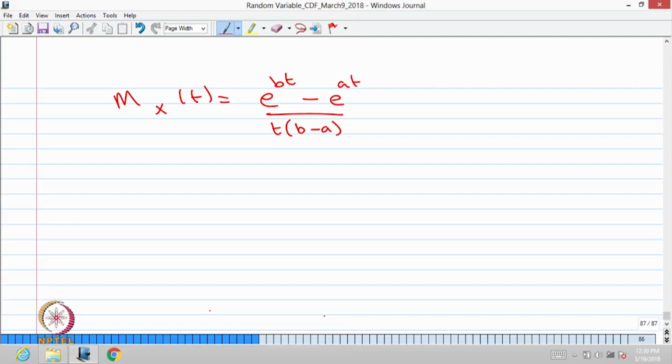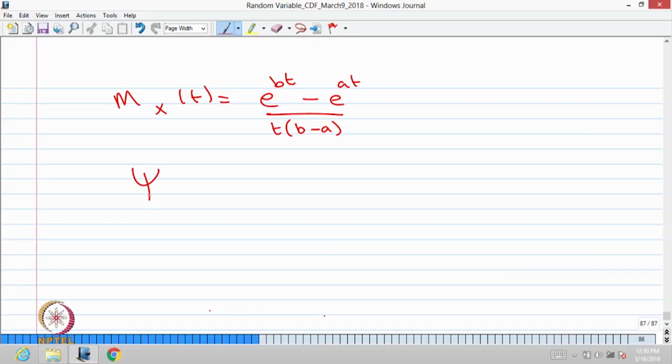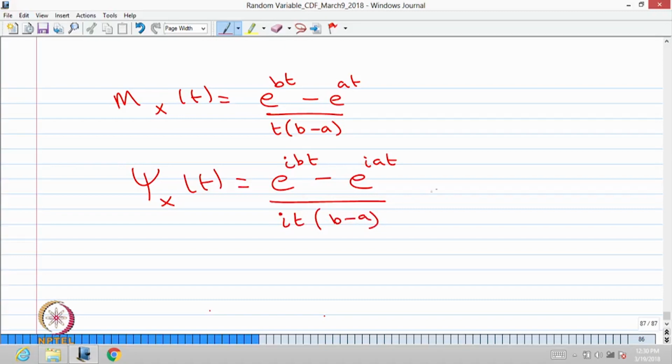Since you know the MGF, finding the characteristic function is by replacing t by i times t. Therefore, the characteristic function of a continuous uniform distribution is e power ibt minus e power iat divided by i times t multiplied by (b minus a), where i is nothing but square root of minus 1, complex number.